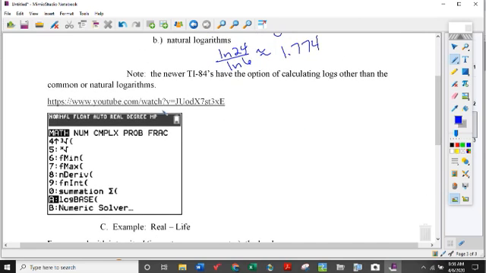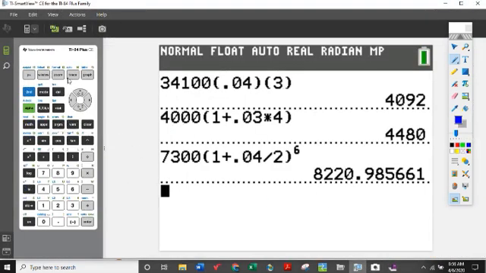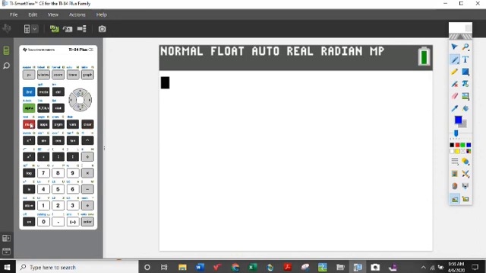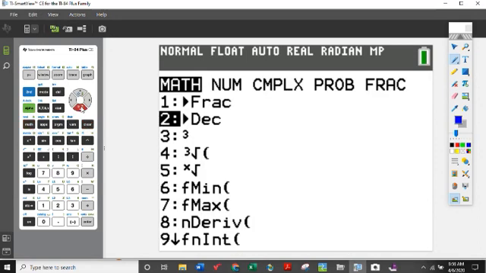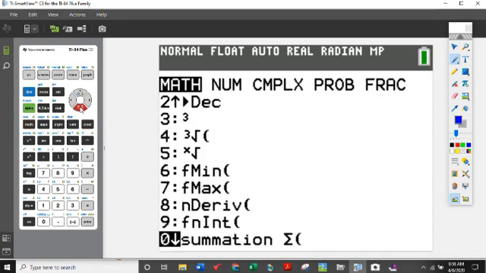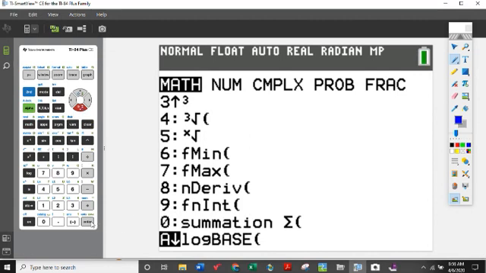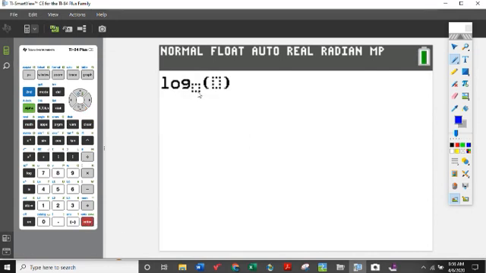Now, I'm not sure if you can click on this link to go to the video on how to use the calculator. Under the math button, if you go down to what would be capital A, you have log base. So let me change screens here and I'll show you. Let's clear it there. So math, and then I need to scroll down to log base, and then you see it's already set up for you.